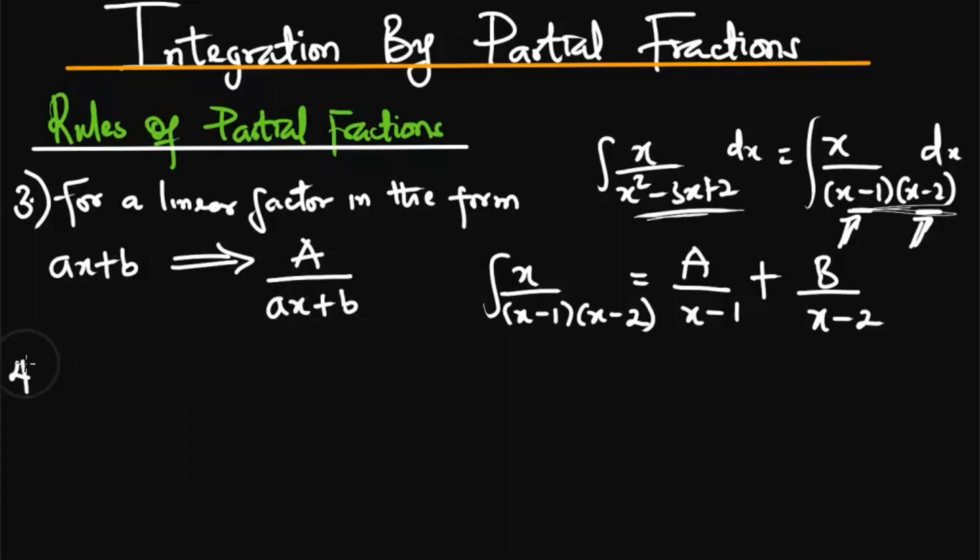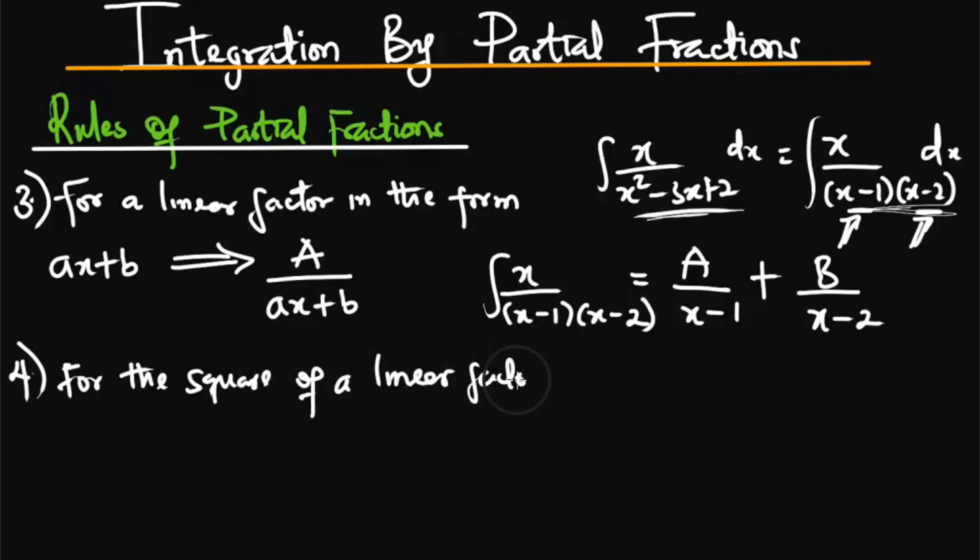Now, the fourth rule. For the fourth rule, we are still dealing with linear factors. But now, we are considering a different case for the square. For the square of a linear factor in the form ax plus b all squared, how do we express this in the form of partial fractions?